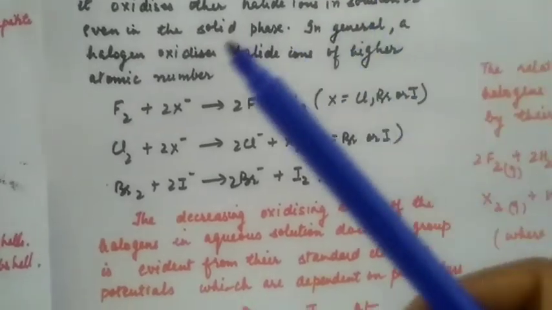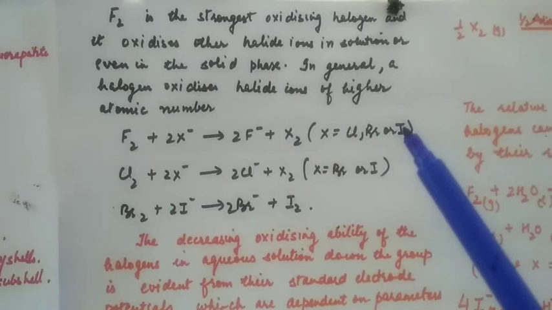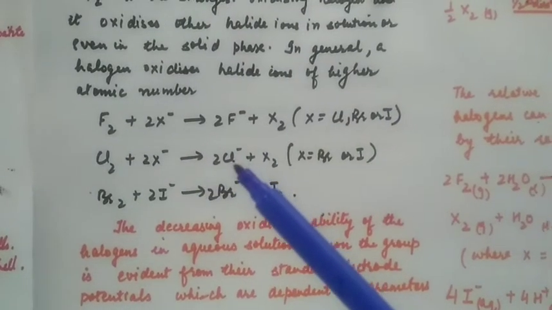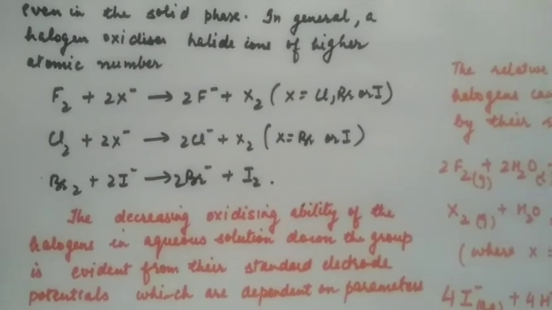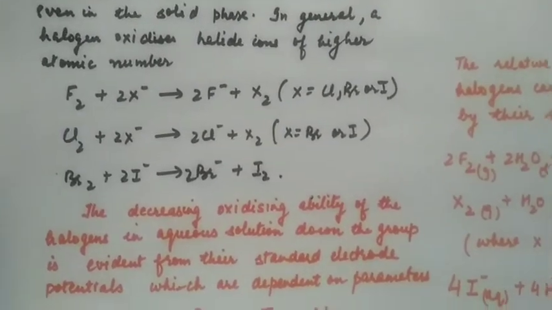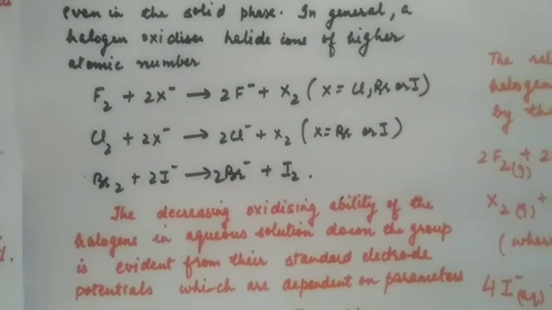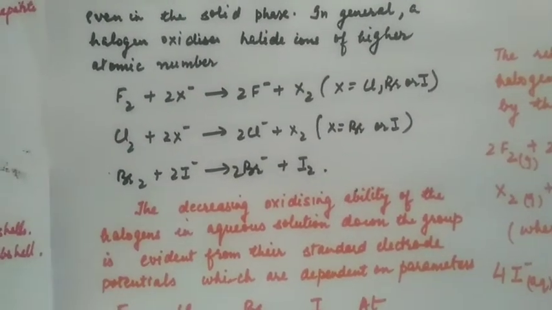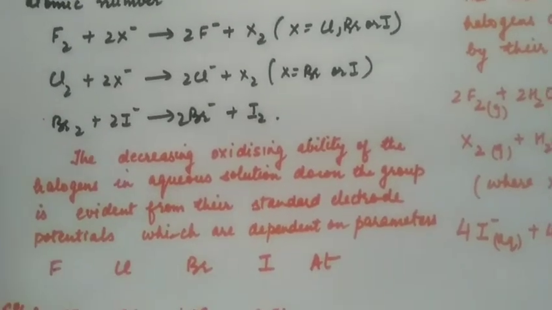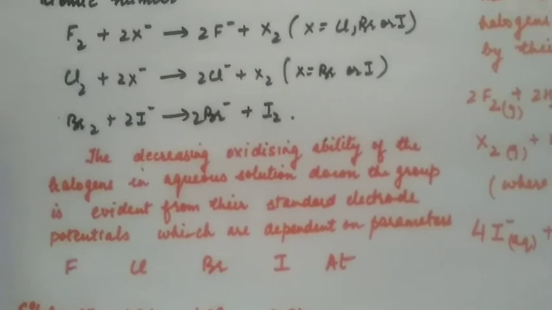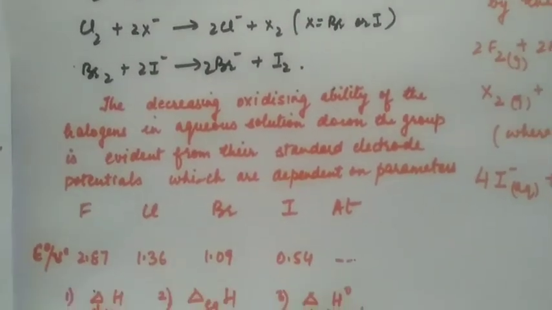For example, fluorine can oxidize halide ions like chloride, bromide and iodide, and get converted into fluoride ion, and halogen will also be formed. Chlorine can oxidize the halide ions which are present below it, for example, bromide and iodide into halogens. Then bromine can oxidize iodide ions into iodine.